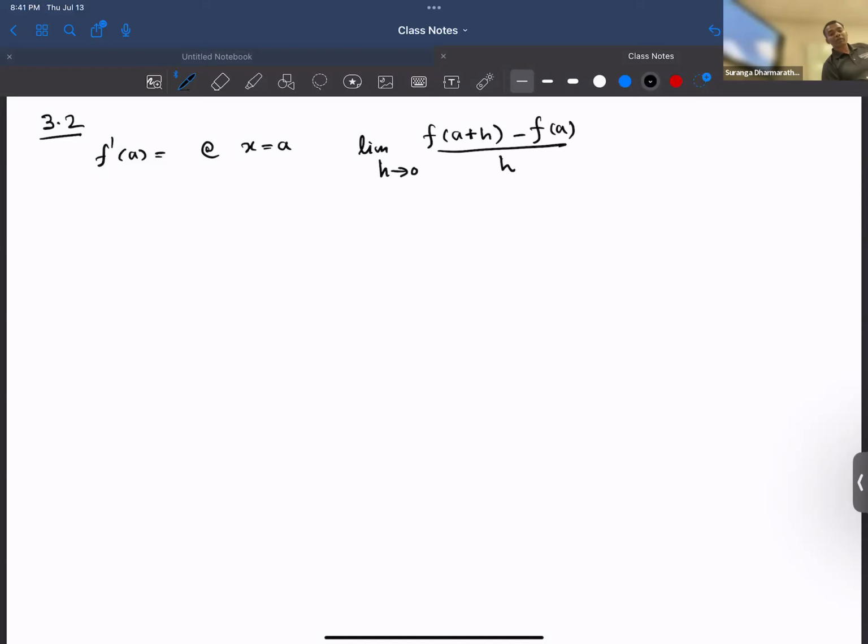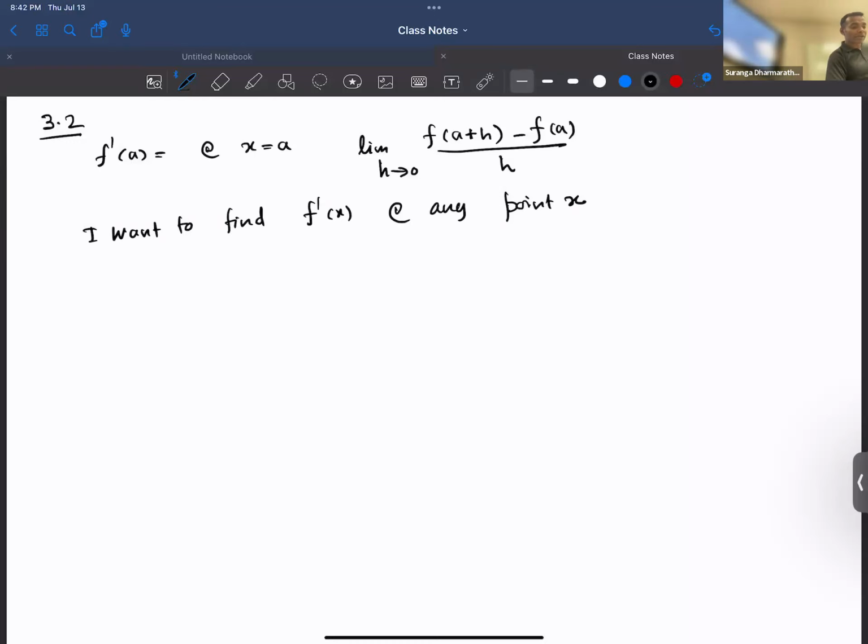Now, what if I want to find f prime of x at any point? At any point x. What would I do?